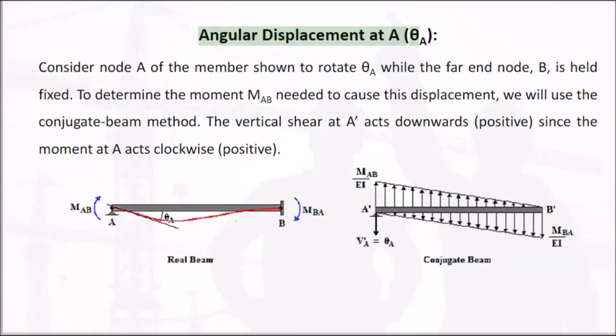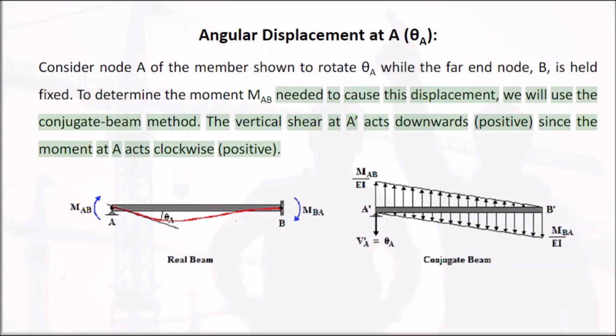Angular displacement at A, theta A. Consider node A of the member shown to rotate theta A, while the far end node, B, is held fixed. To determine the moment M_AB needed to cause this displacement, we will use the conjugate beam method.